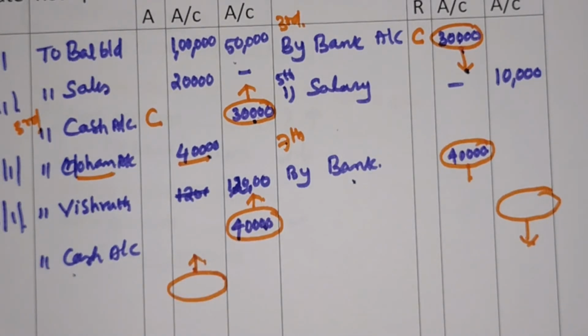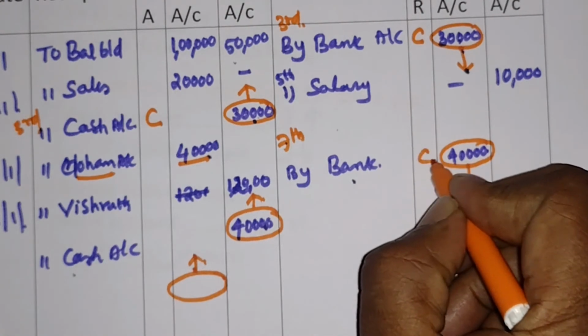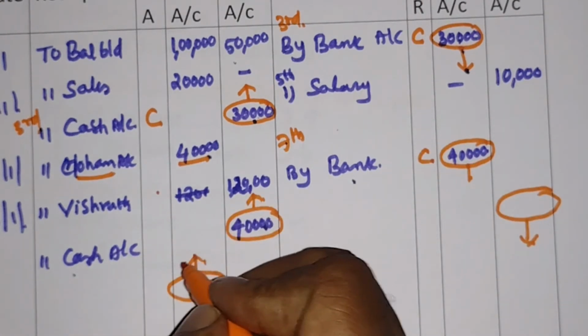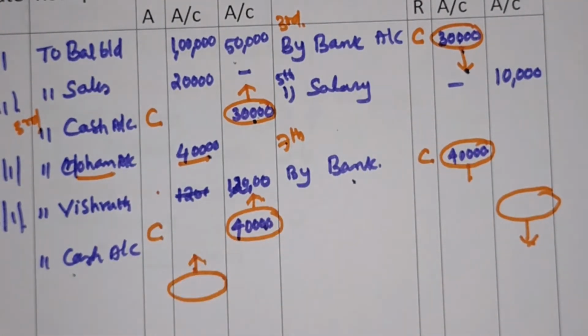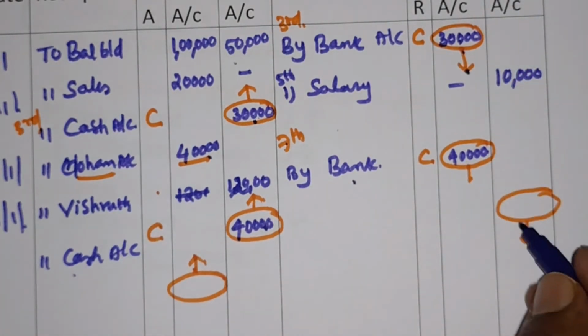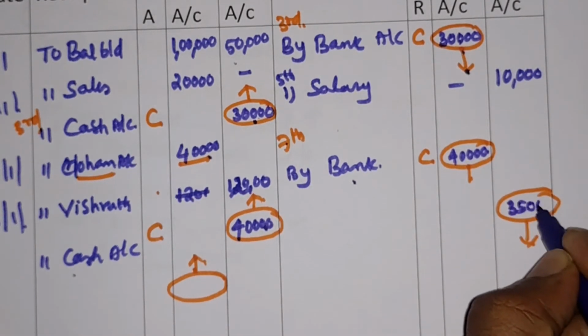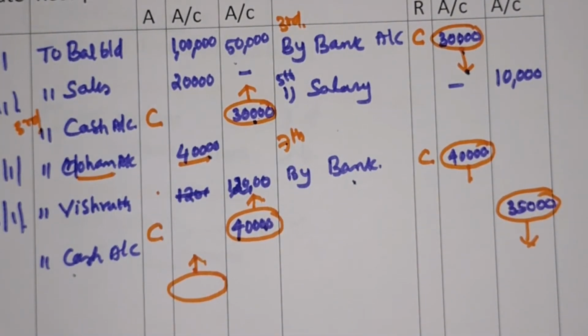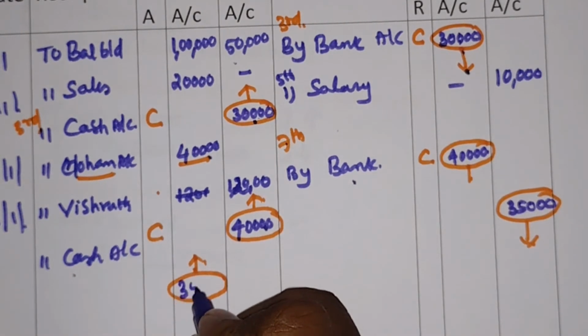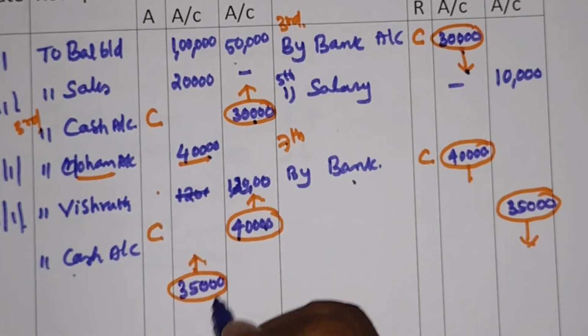Now contra entry, previous contra entry is C and this contra entry also C. Now tell me, how much is the cash withdrawn from the bank? It is 35,000. Cash reduces in the bank 35,000 and increases in the office 35,000.